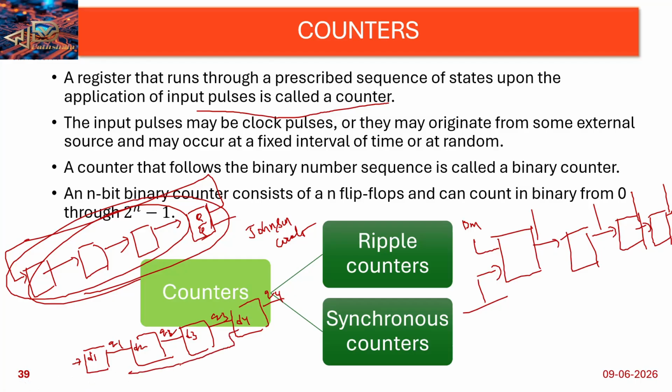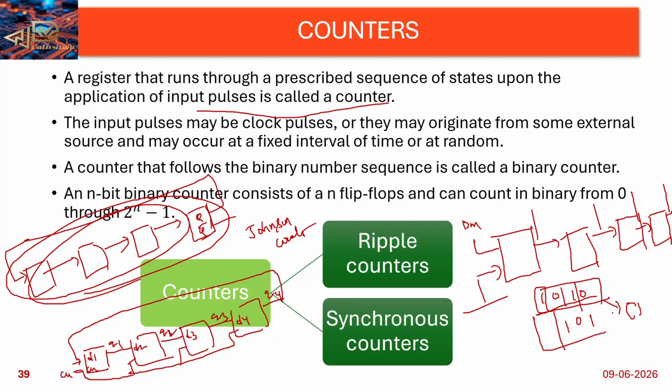This output is connected to the input. Suppose you give 1010 data: this 0 comes out, then 1 0 1, and the empty position is replaced with 0 again, because this 0 is coming here.